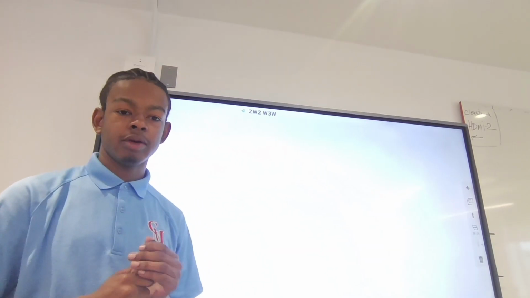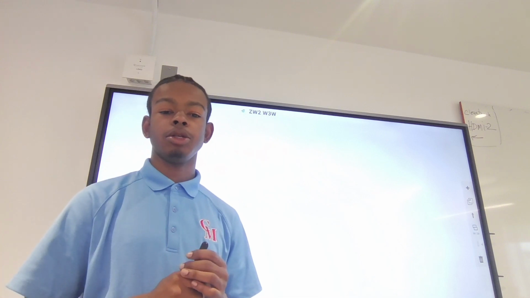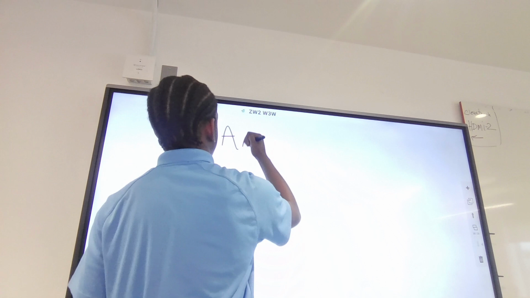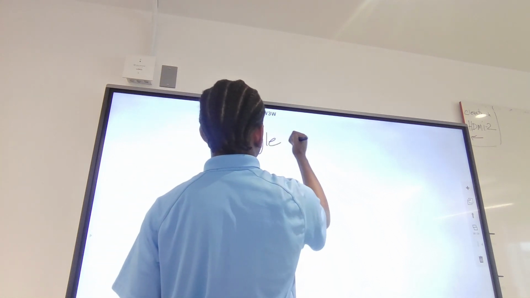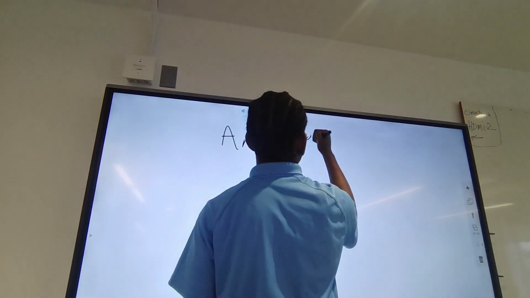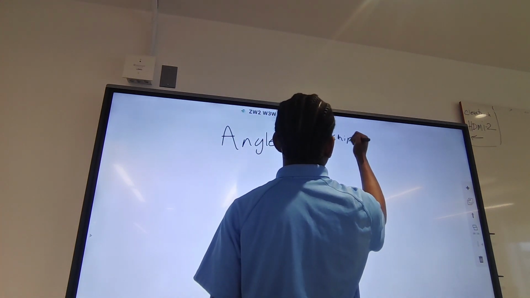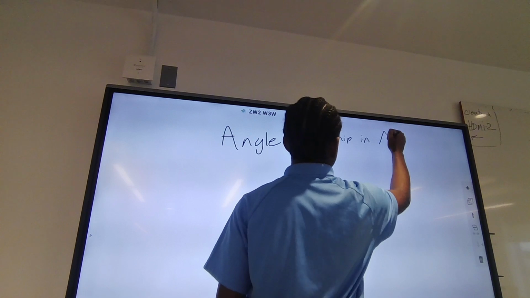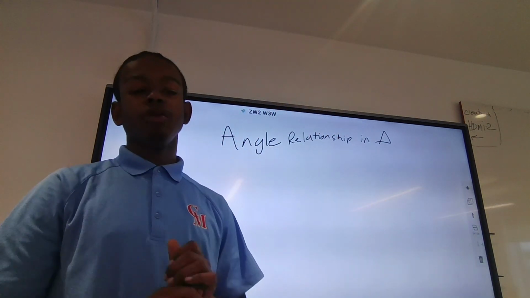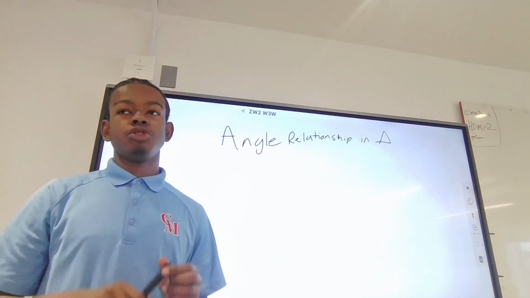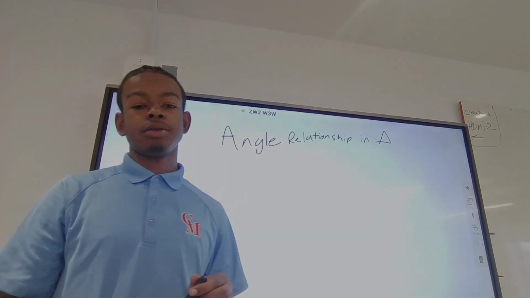For our next unit, we're going to be working on angle relationships and triangles. So basically, angle relationships in triangles is about the sum of all three interior angles, which is always 180 degrees.